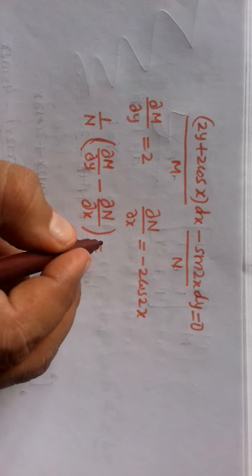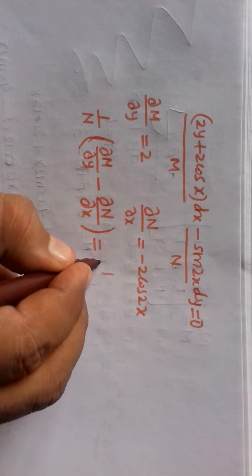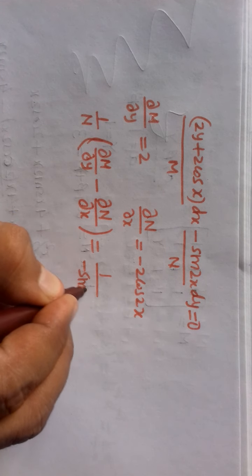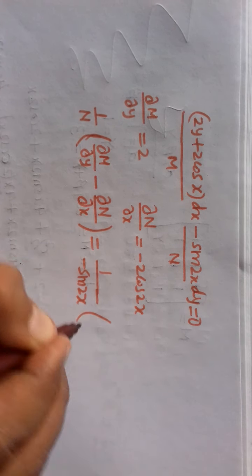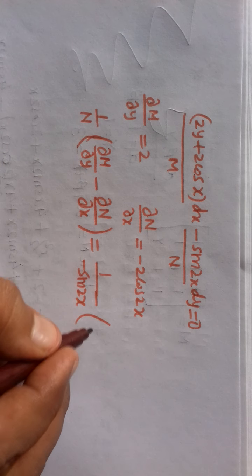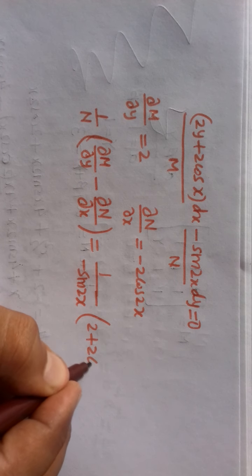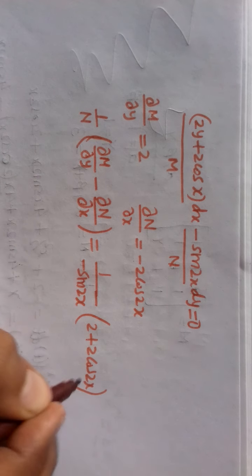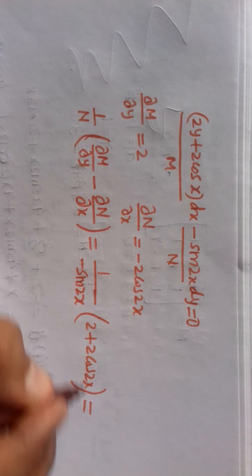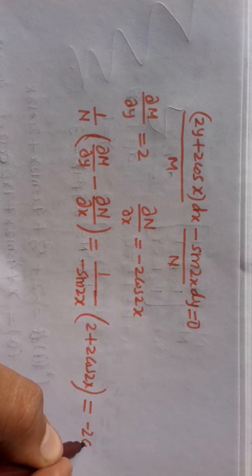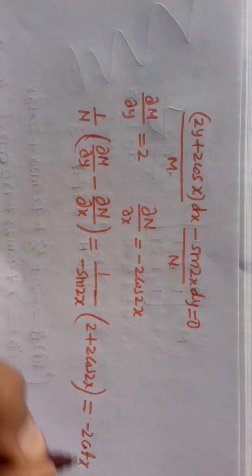This thing 1 by N means 1 by minus sin 2x, and this thing in the bracket will be 2 plus cos 2x. Simplifying this thing we get minus 2 cot x.